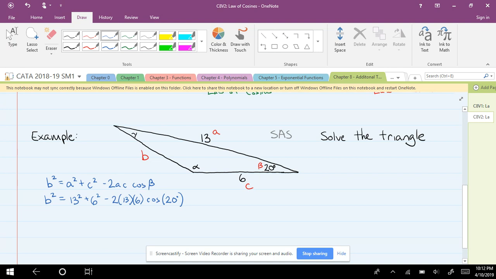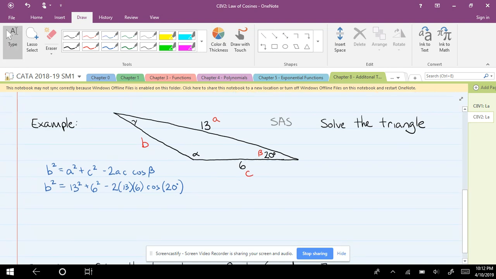And all that this requires us to do, because b squared is by itself, is to evaluate 13 squared plus 6 squared minus 2 times 13 times 6 times cosine 20. I can go to my calculator and I can do that. That's not a problem at all.